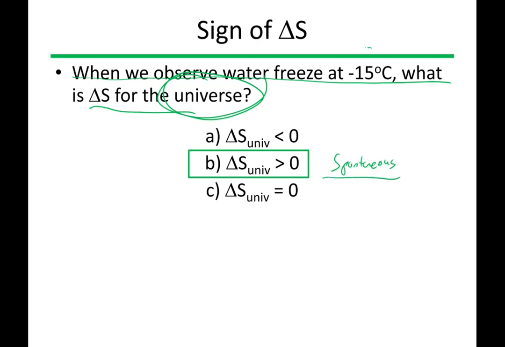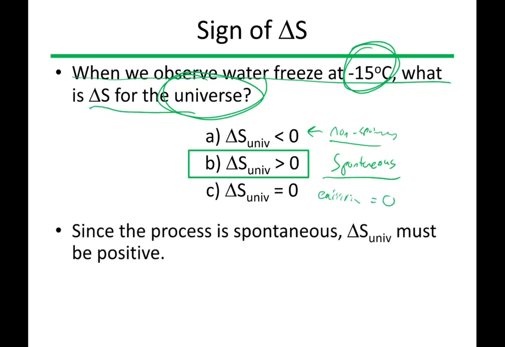You all know that water will freeze at minus 15°C, and so intuitively you know that this is a spontaneous process and that the entropy is positive. If it won't happen, or it's non-spontaneous, then delta S of the universe is going to be less than 0, and if we have something at equilibrium, it's equal to 0.